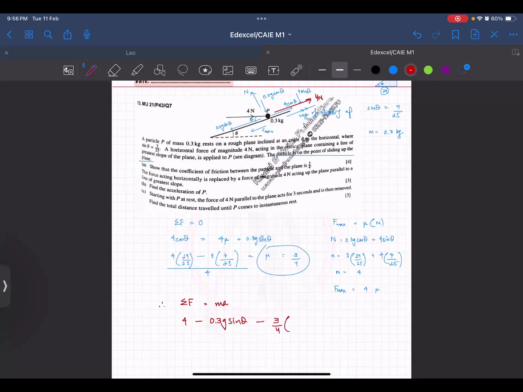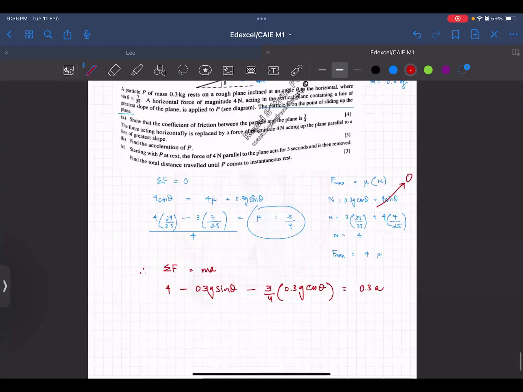For the value of N, we don't have this component now, because the 4 Newton force is not parallel to the ground, it is now parallel to the plane. So you won't have the perpendicular component of the 4 Newton force. So N is 0.3 g cos theta, and that equals ma, where the mass is 0.3 times the acceleration. So you have formed the equation.